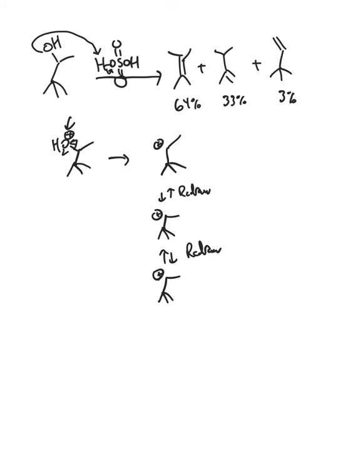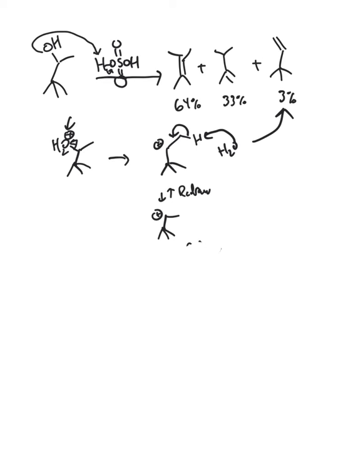So we have that cation, we've drawn it 3 times. Now to get to the least substituted alkene, it happens from this cation before the rearrangement occurs, and so all that happens is we grab a hydrogen off of the end and we get to that least stable alkene, least substituted alkene.